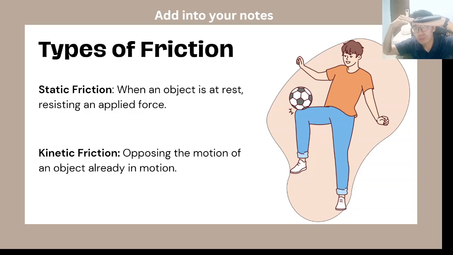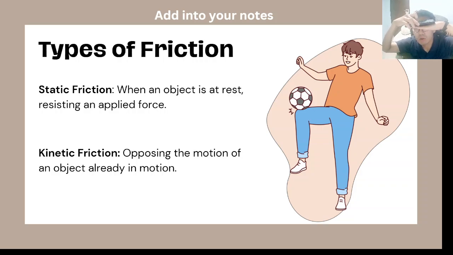There is a static friction acting on the object, and my force is less than the static friction. That's why the object is not moving. So I will increase my force until the force exceeds the static friction, then it will start to move.